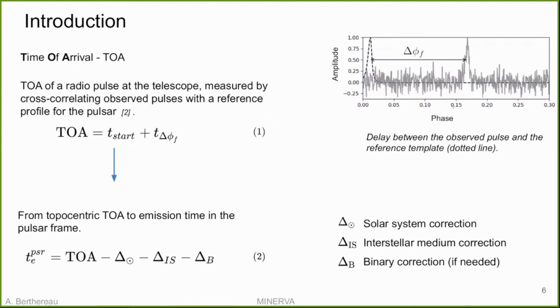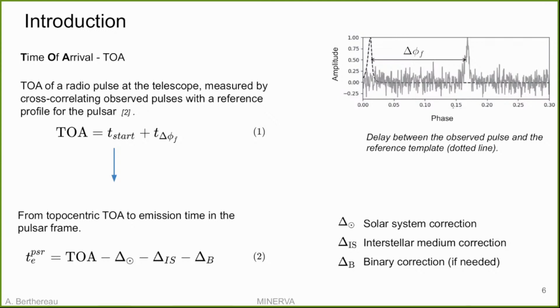So we are measuring the time of arrival of the pulse, a TOA. And this TOA is measured by cross-correlating the observed pulse with a reference profile for the pulsar. We make a template of this profile by averaging the best observations of the pulsar, the ones with the best SNR.